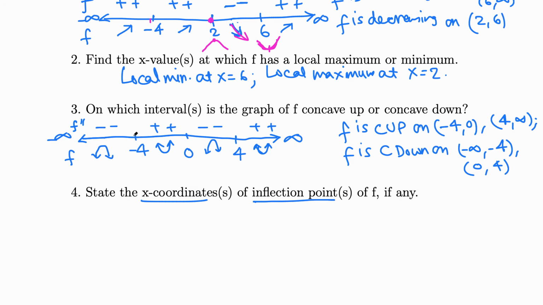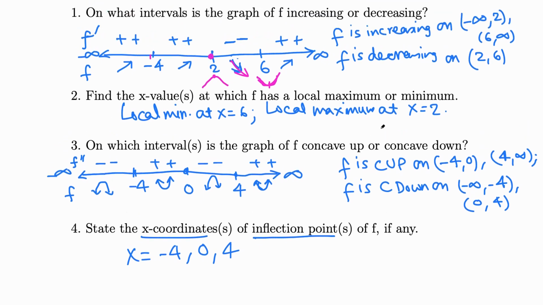On the left of -4 it is concave down, then concave up, so x equals -4 is the x coordinate of an inflection point. Again, concave up, down, so this is another, and down, up, so this is 4 as well. So there are 3 x coordinates at which we have inflection points.